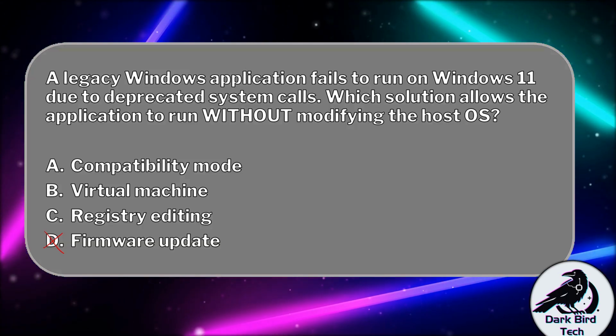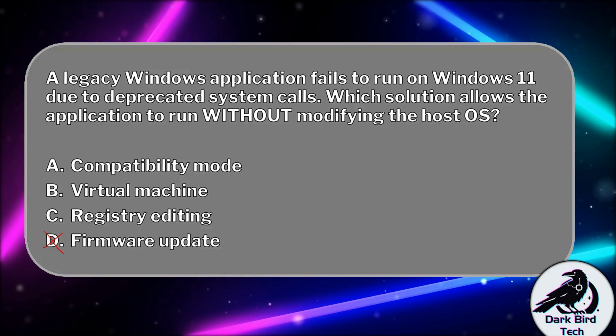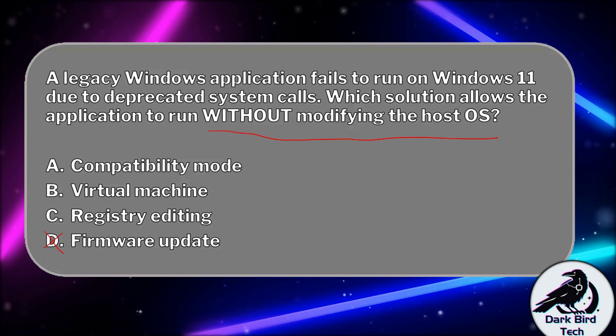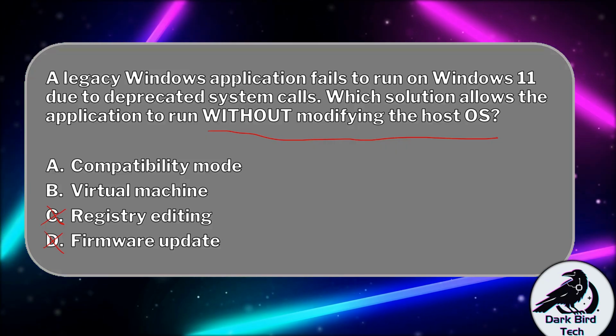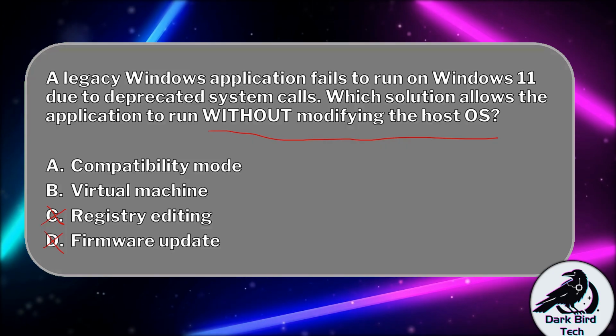Option A, B, and C at least are all to do with getting an application running. Now, one of the constraints they put on us in the question is we need to do this without modifying the host OS. So registry editing, oh yeah, I'm definitely taking that out. First of all, I am very reluctant to encourage editing anything in the registry unnecessarily.